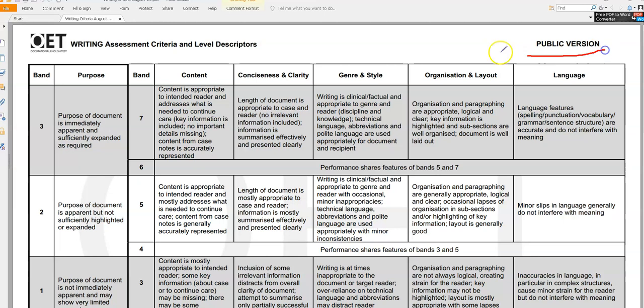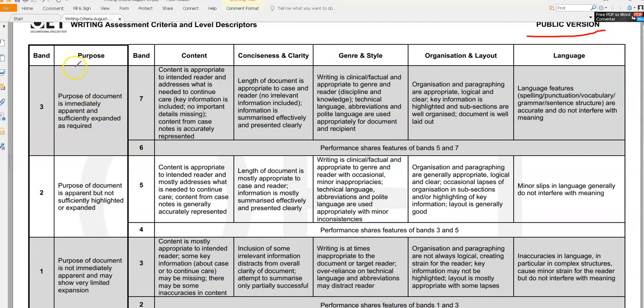Public version, criteria, so the usual disclaimer applies. You've got your purpose, content, conciseness. This is the thing we have to look at: irrelevant information and how effectively it is summarized.